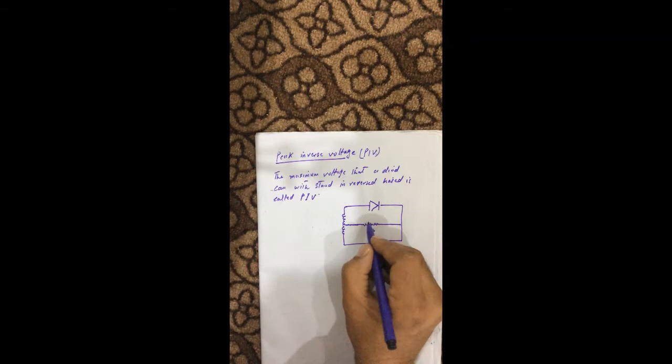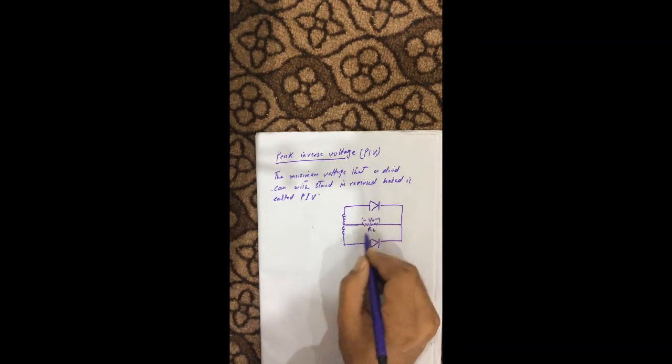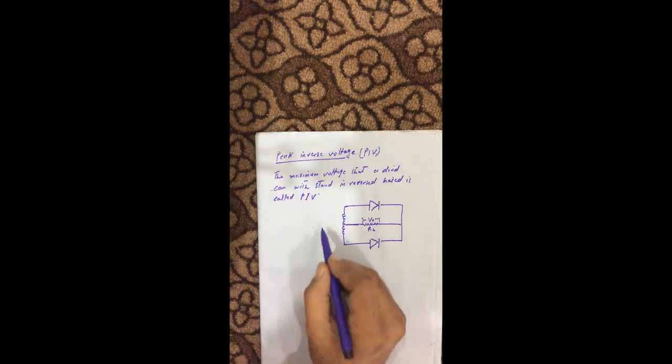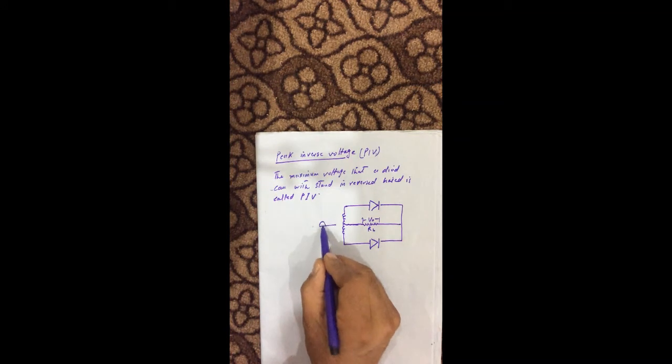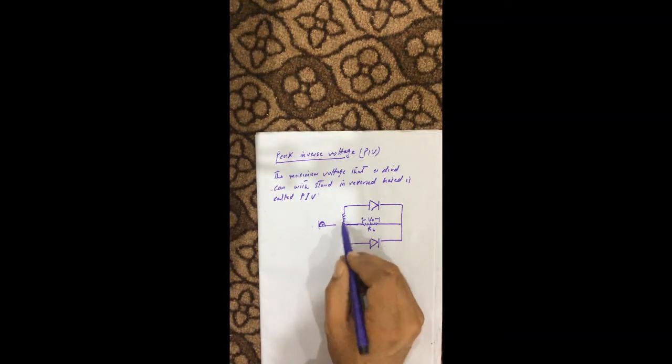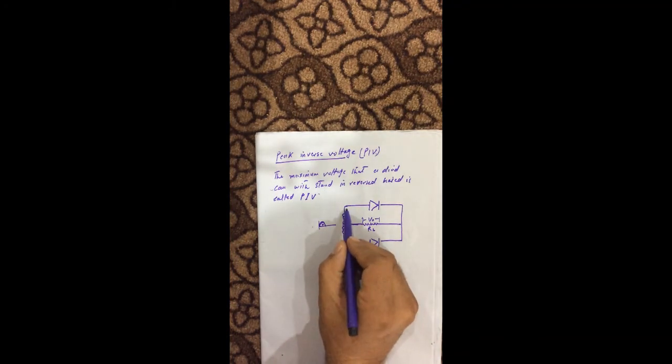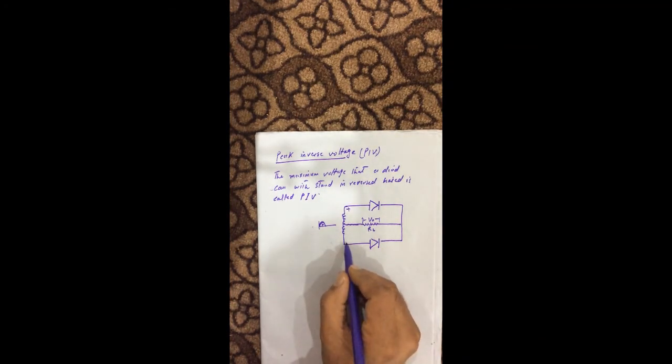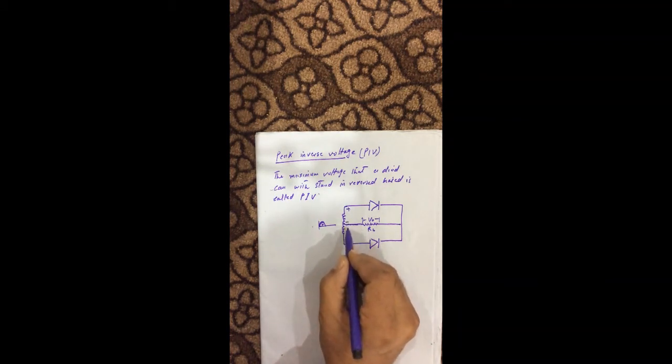Here we have the V0, which can be measured here using a voltmeter. Now if the positive half cycle of the input signal reaches the primary coil of this center tap transformer, then this will become positive, which we already discussed, and this one becomes negative.